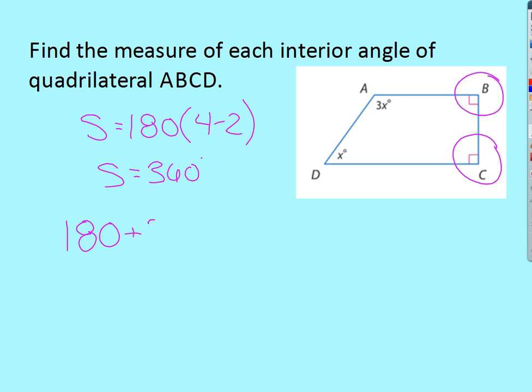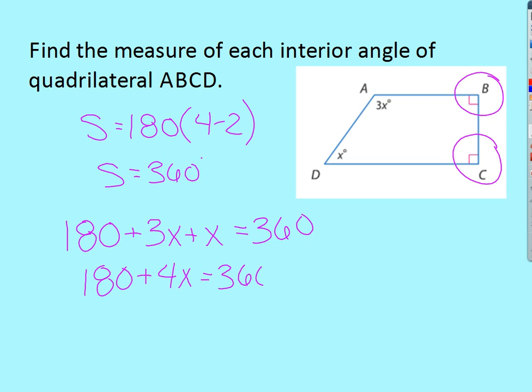The other 2 angles are 3x and x. And all 4 of those angles together should equal 360. If we combine like terms, 3x and x gives us 4x. And we take that 180 to the other side. Right now it's positive, so we need to subtract it to the other side.